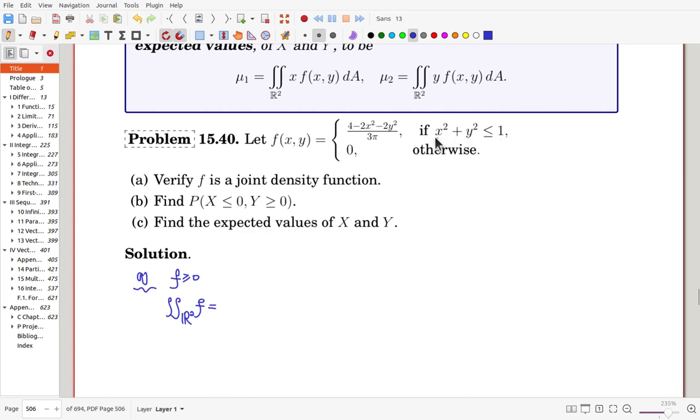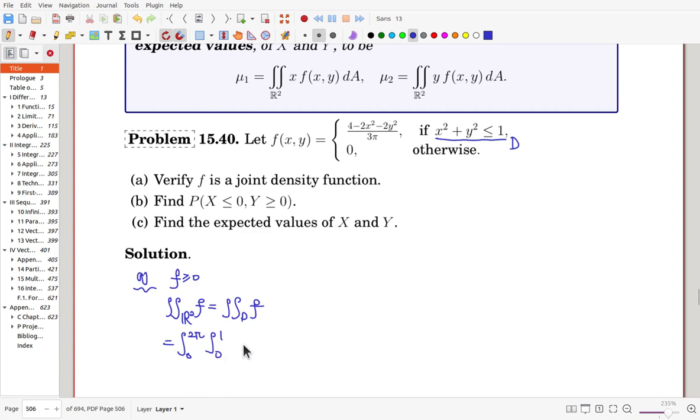Let's say this disk is D, then it will be the same as the integral over D of f. Now D is a polar region, so we can use polar coordinates. Angle is from 0 to 2 pi, whole circulation, and r is from 0 to 1.